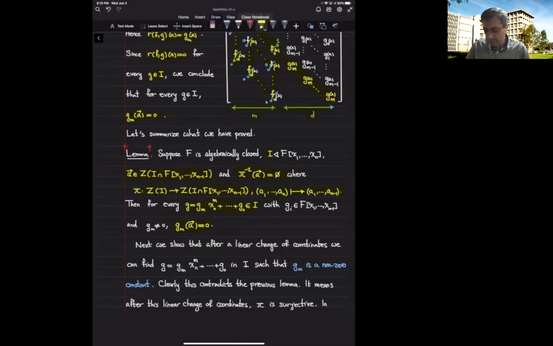So that's our goal. This is how we are going to get surjectivity and get some element inside Z of I.